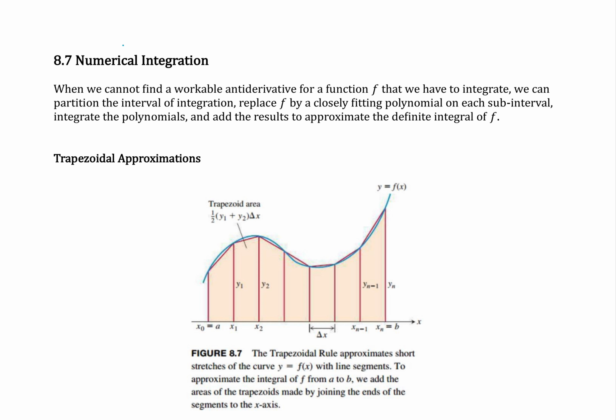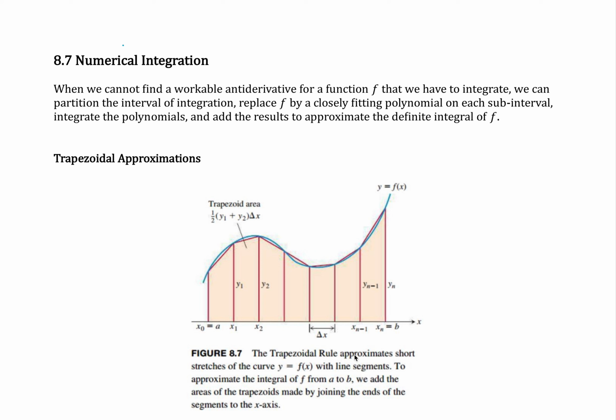So if you look at the picture that I have here on the screen, you have this function, y equals f of x, represented by this blue curve, and a series of trapezoids are used to estimate its area.